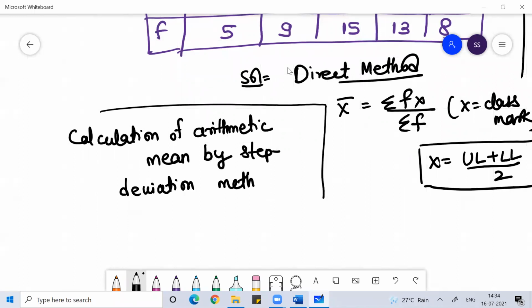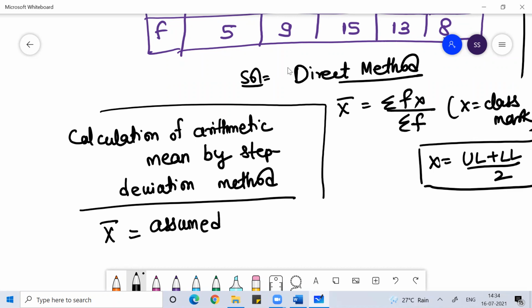If you want to calculate the arithmetic mean by the step deviation method, then your formula is A plus h times sum of fd by sum of f.